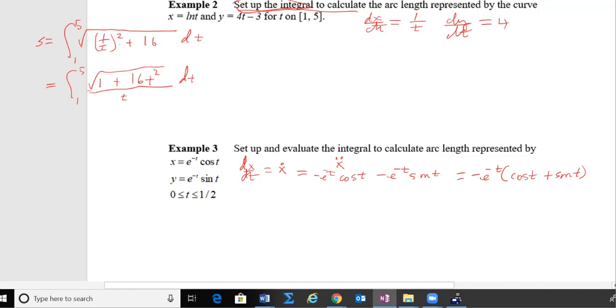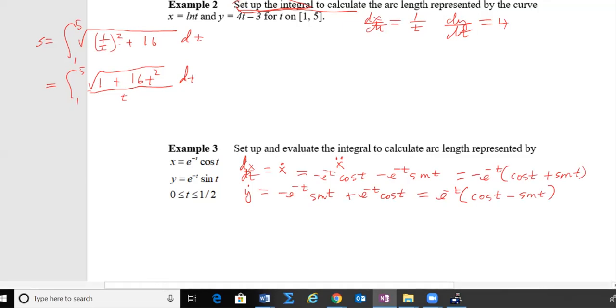Okay, y dot is minus e to the minus t sine t plus e to the minus t cosine t, which is e to the minus t times cosine t minus sine t.